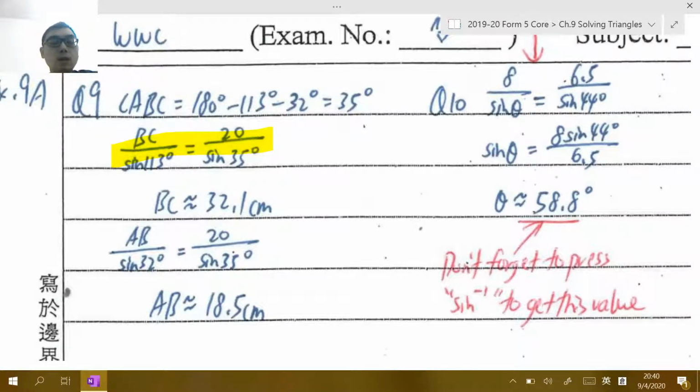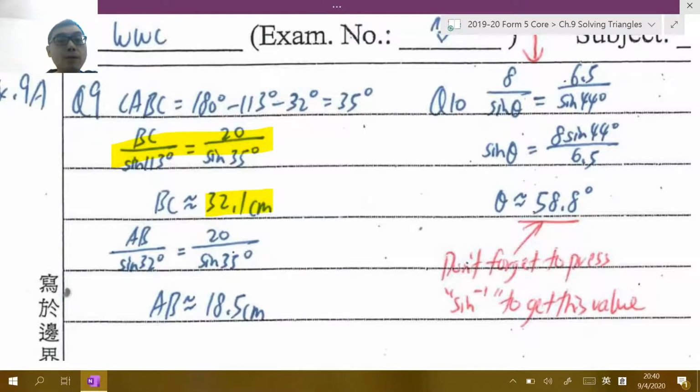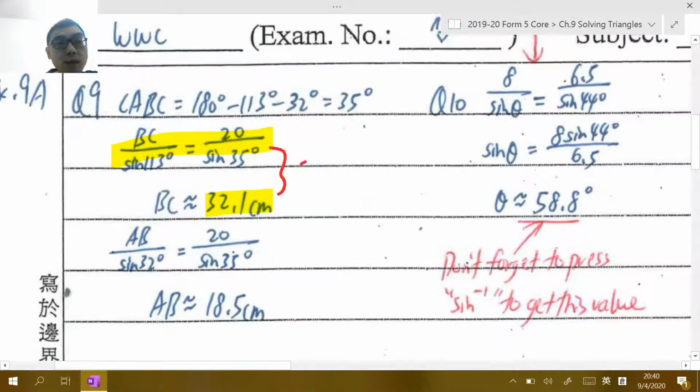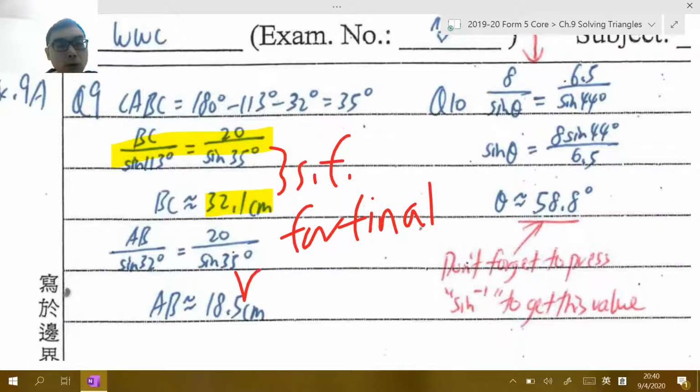BC here is your final result of the length, and you will not use this result later, so you can keep it as required in 3 significant figures. But do remember this is for the final result only.